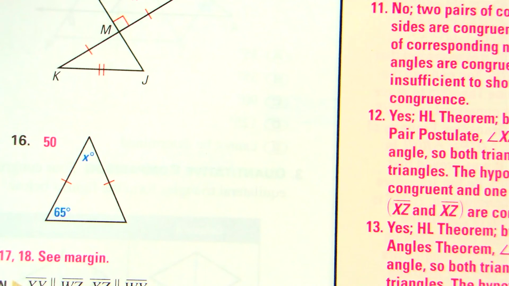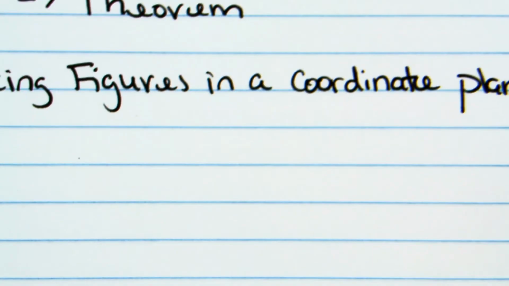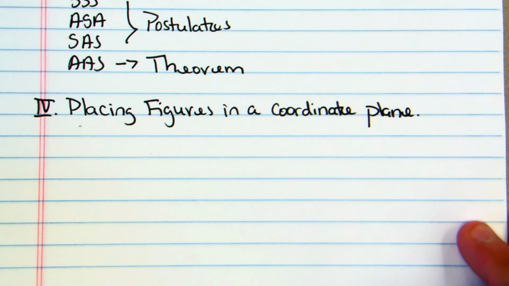Okay? Lastly, 4.7, which I think probably is one of the easiest parts, is placing a figure in a coordinate plane.